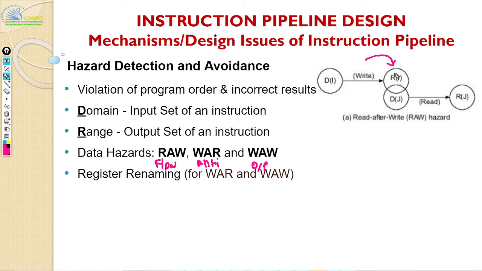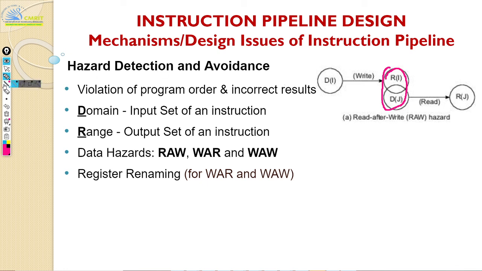Now the subsequent instruction is going to read from the same register. If you have the order interchanged, then it will result in a problem. You're going to read the old data. So your read should always follow the write of the previous instruction if the register is a common register, that is, if your previous range and the current domain are the same.